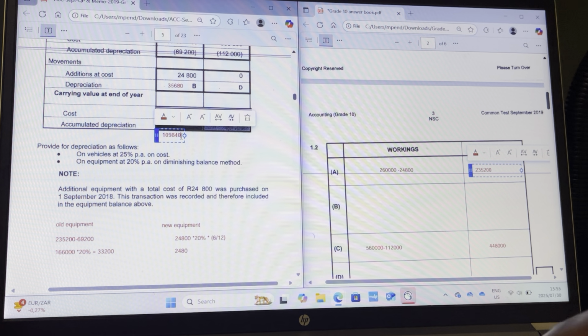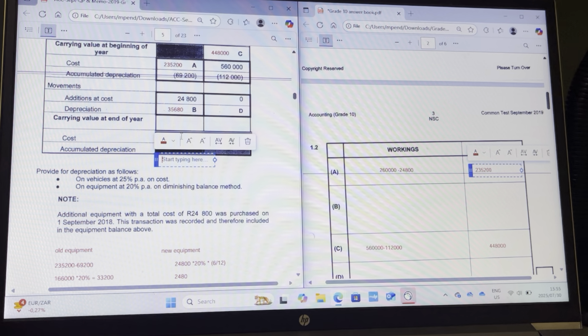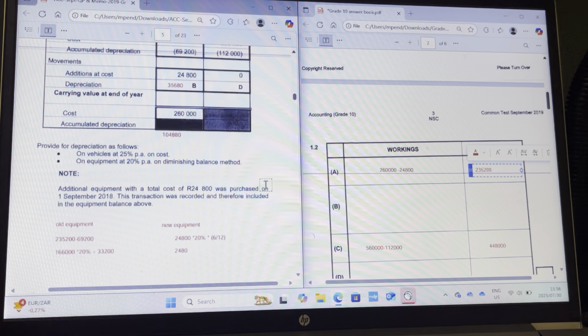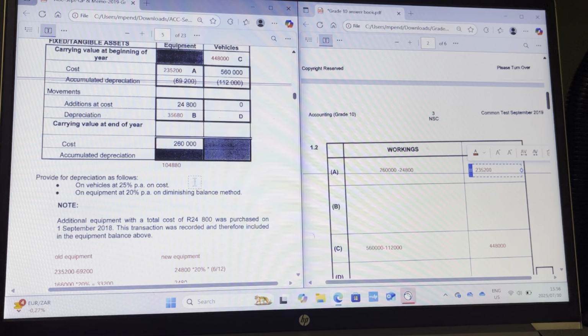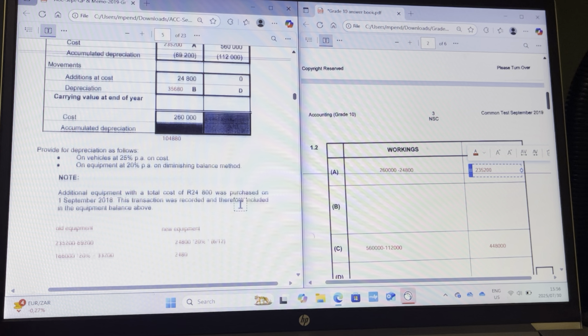So it means that our accumulated depreciation is now going to be 69,200 plus the 35,680. It's going to be 104,880. But we do not need to calculate that, so we're just going to leave it out.